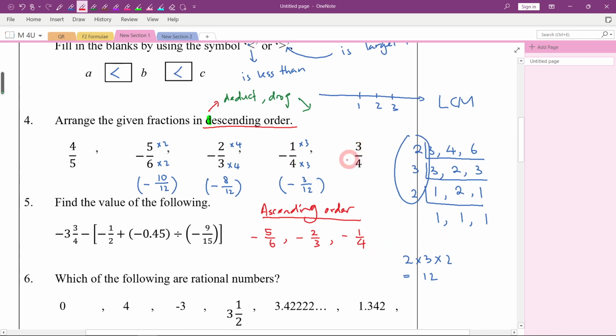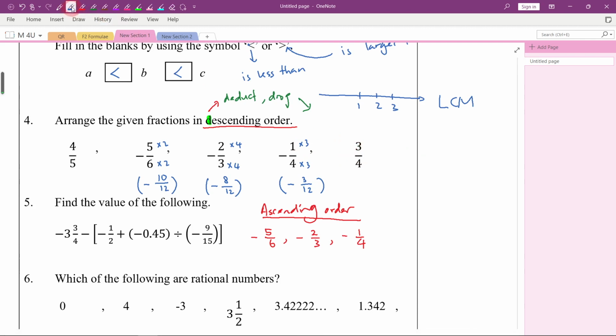Now, let's move on to the positive fractions. Again, this is 3 over 4, this is 4 over 5. They have different denominators, so I need to do the same thing, change the denominators to become the same first, so that it's easier for us to compare which one is bigger.